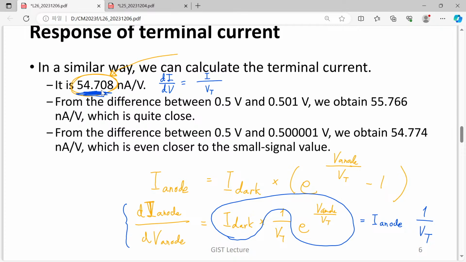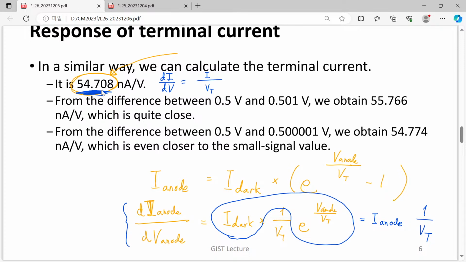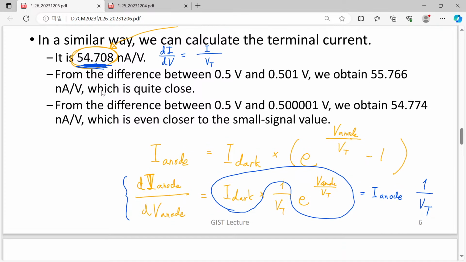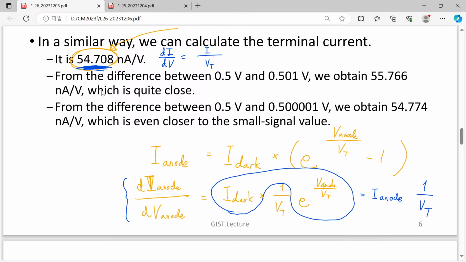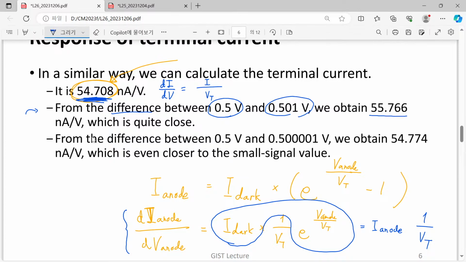So now you can see that my terminal current estimation is well done with this evaluation. And please note that we can also try to make a finite difference. Once again, take the difference between these 2 points, then we can find a certain number. Well, it looks good.